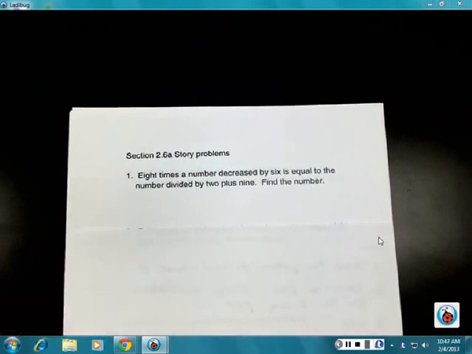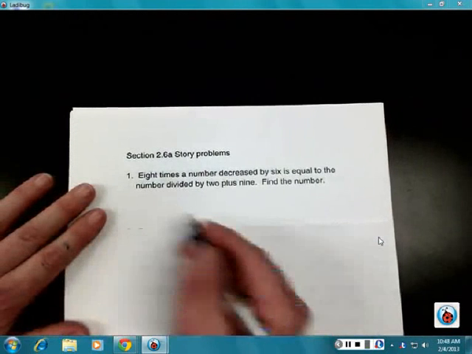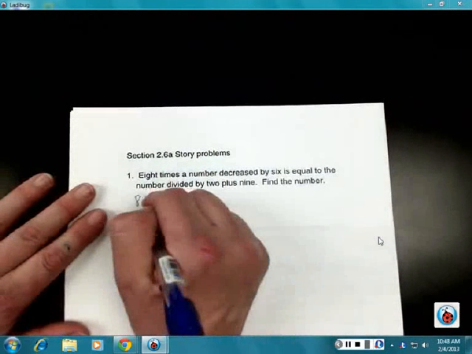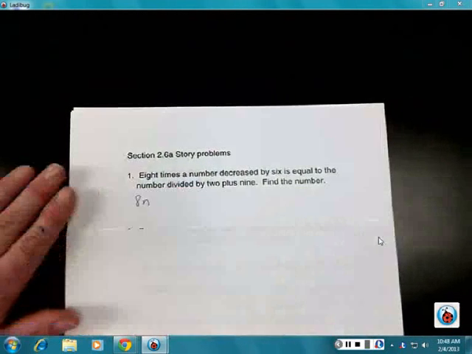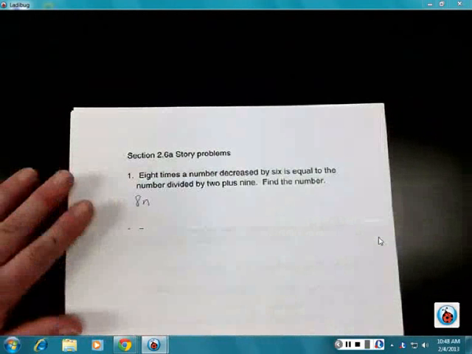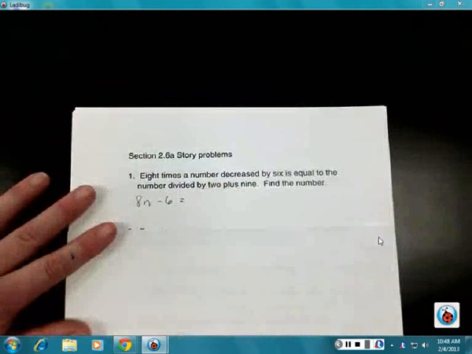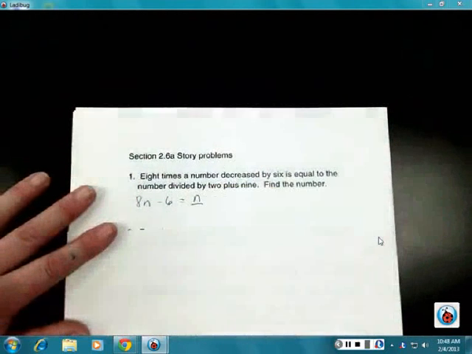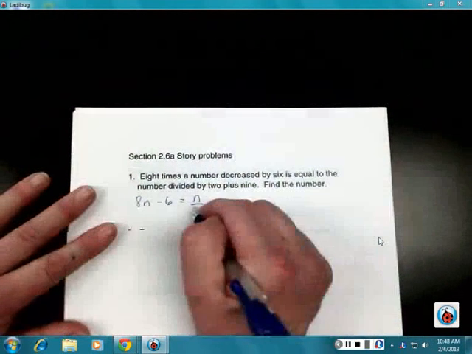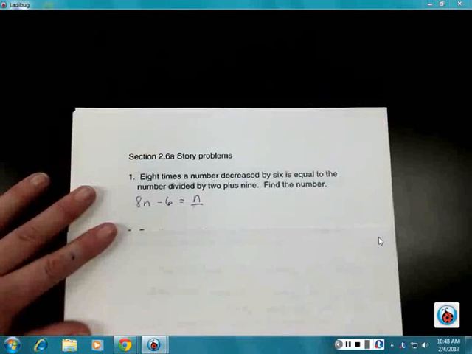Decrease by 6 equals... Is it over 2 plus 9, or is it just over 2? No, 2 plus 9. It says divided by 2 plus 9.